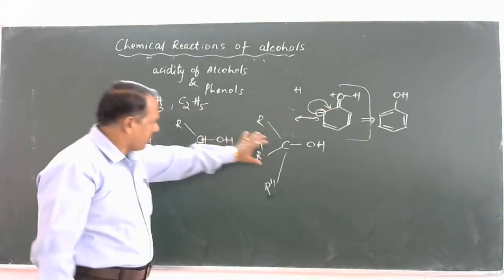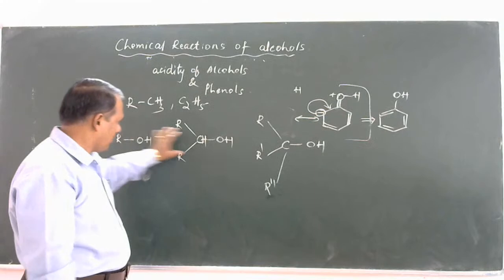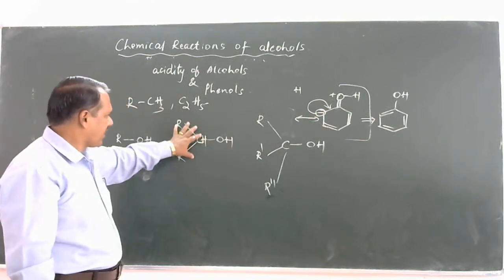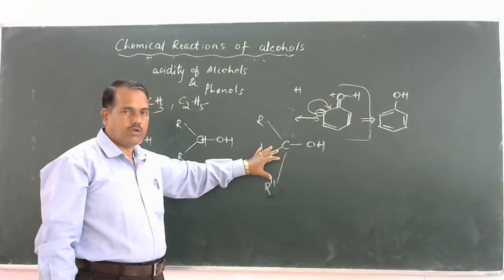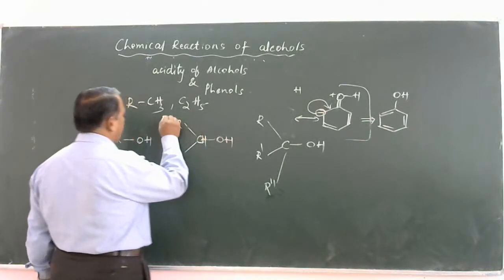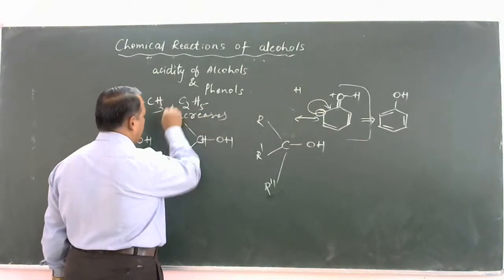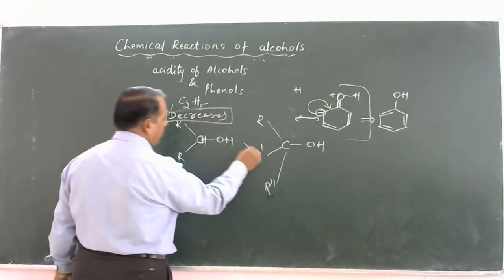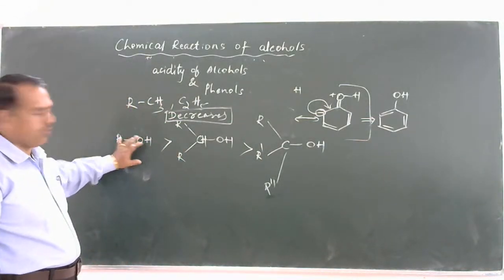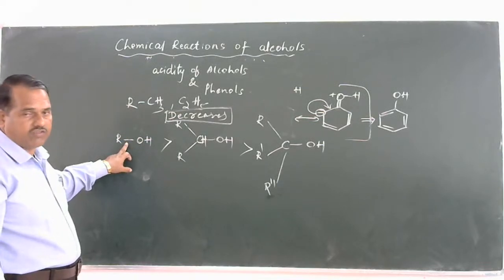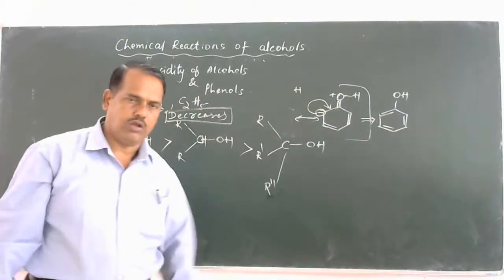As you can compare the acidic strength of alcohols, primary, secondary and tertiary, the strength decreases in this order. In a primary alcohol only one alkyl group is there; here two alkyl groups; alkyl groups are electron donors.